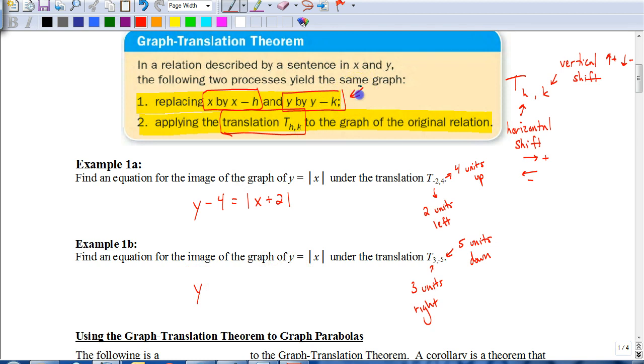Going back up here, this is super important. We're going to replace y with y minus k. K is the negative 5. So it's going to be y minus negative 5, which makes that y plus 5. We're going to replace the x with x minus whatever h is, so it's going to be x minus 3. And that would be your new equation.